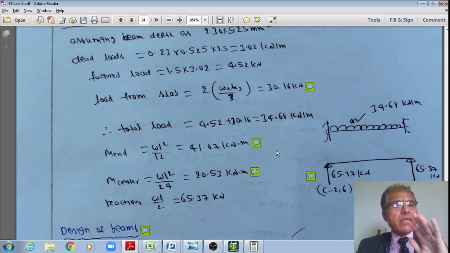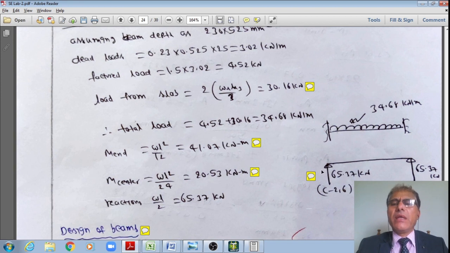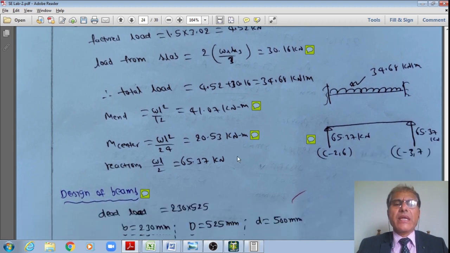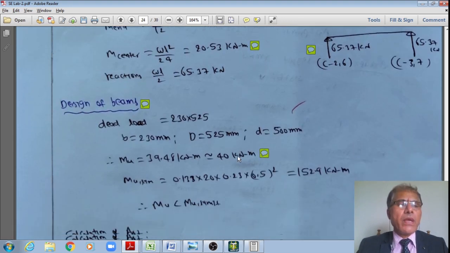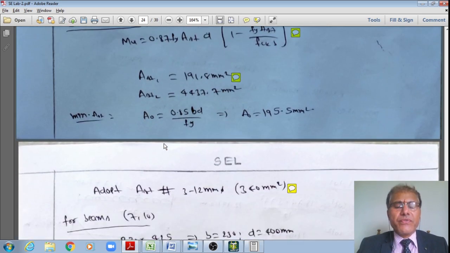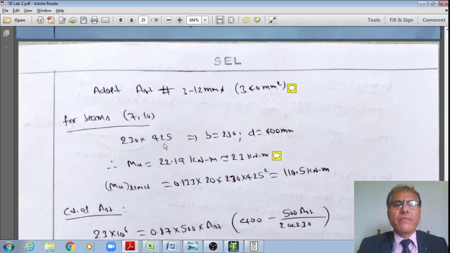I cannot do 3D manual analysis, student. Similarly, the positive bending moment using manual calculation I got 20.53, but the actual bending moment at the midspan from STAAD is 51.9. Compared to that, I have roughly 61% error. Therefore my manual calculations are of no use for the beams.